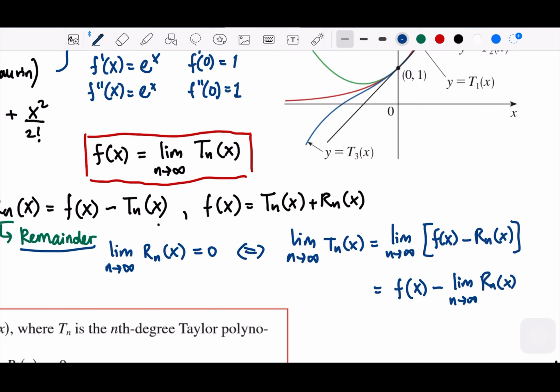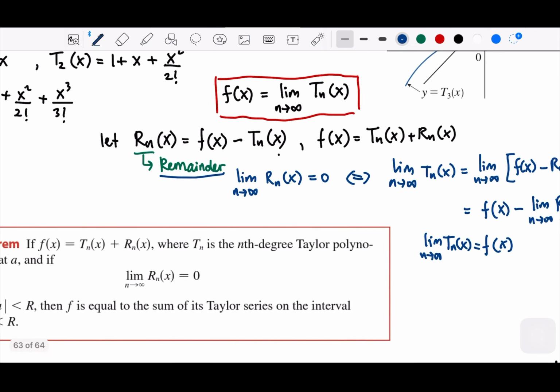So if we can show that this is zero, then it's true that the limit of the Tn is equal to f of x. And you can just see the conclusions here. Okay.